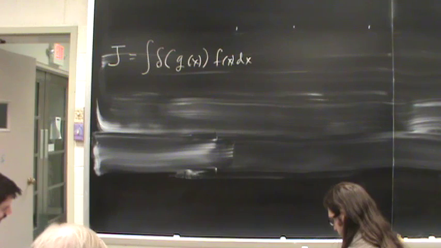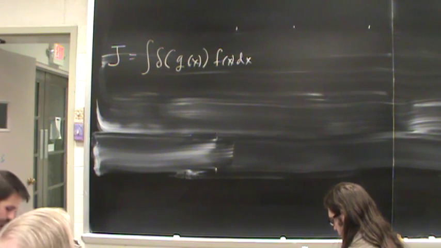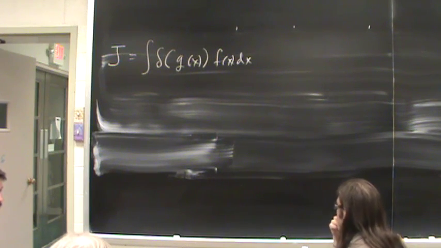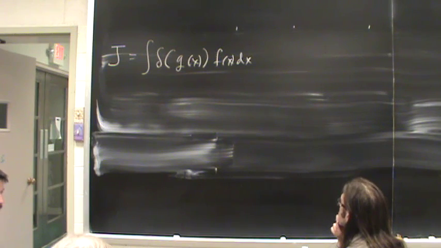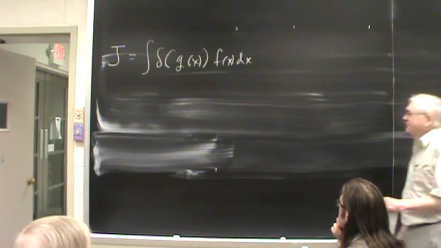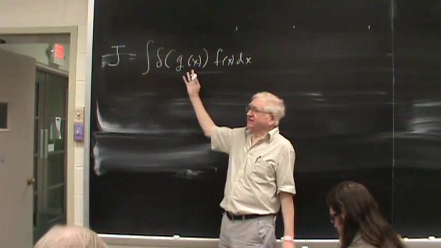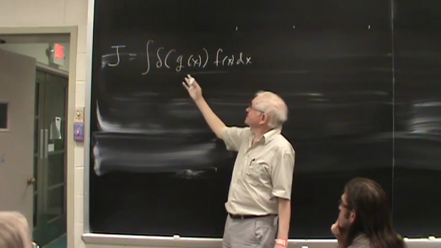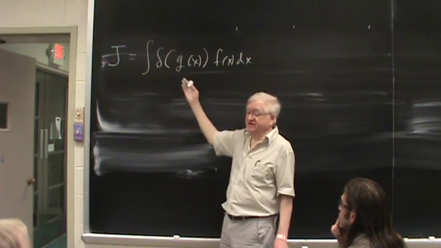Qualitatively, you can see that that is going to be essentially proportional to f evaluated at whatever point x makes g vanish. Because the delta function, if you want to think pictorially, has a huge spike when its argument is 0. So this is important only when g of x is 0.